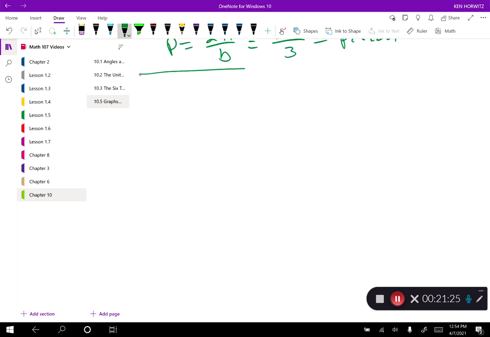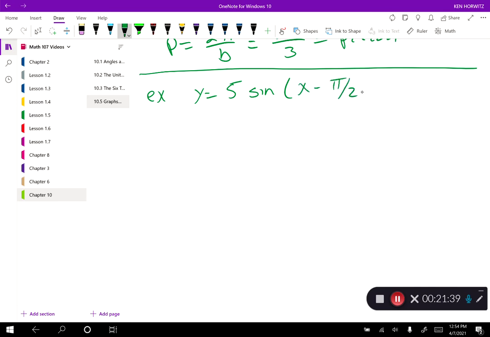All right, so here is potentially our last example. y equals 5 sine of x minus pi over 2. Now, we already know that our amplitude equals 5, right? We're okay with that.